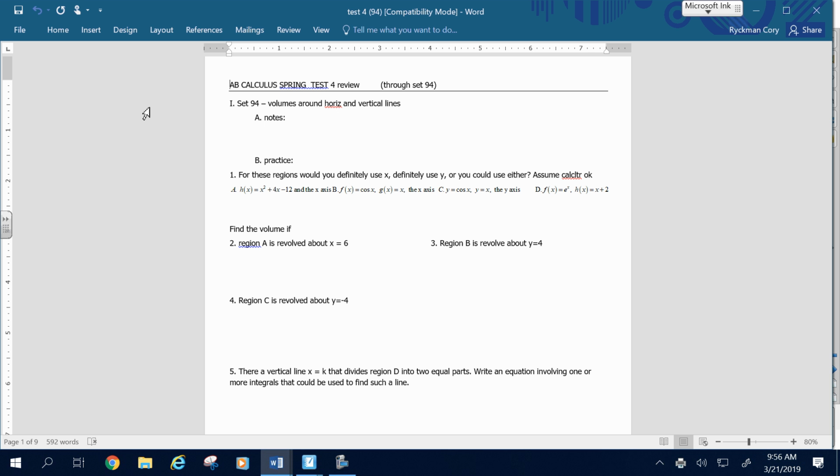Area. Oh, that's signed area. These are negative y values, so this looks good. Okay. Is that it? That's all. I get it.